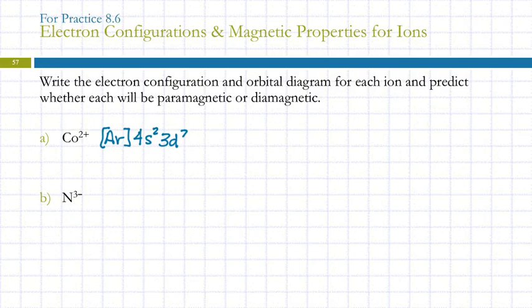Okay? To make a +2 ion, what do I do? I remove how many electrons? 2 electrons. Which ones do I take off? The ones with the highest quantum number, the valence electrons, because this is a transition metal. So I'm going to lose those guys. I'll take those guys out. So its electron configuration is argon 3d7.